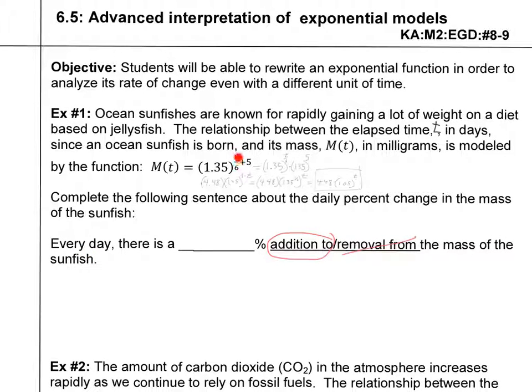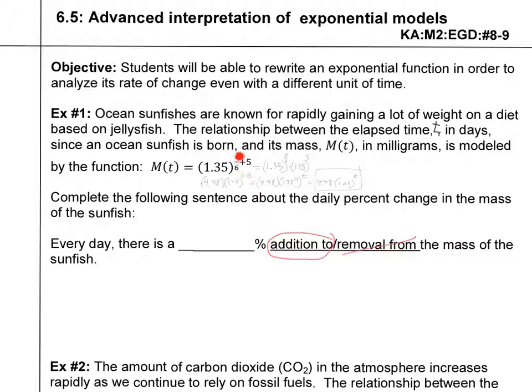Before, this actually wasn't each day. If I was to plug in 1, it'd be 1/6 plus 5. So if I plugged in one day, I'd actually have a 5 and 1/6 exponent, which doesn't really make sense for the rate of change. So now I can see that it's actually a 5% change each day, because when I plug in a 1 for t, it's just going to give me 1.